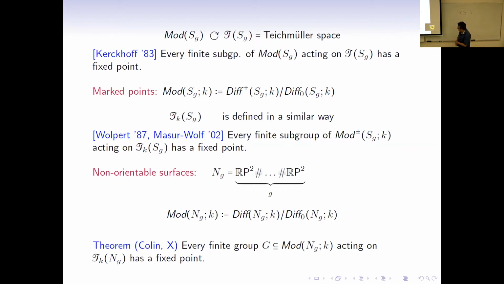Although it might be well known among the experts, we couldn't find a written proof of this fact. So I asked Nestor to prove this. And what he showed is that every finite subgroup of the non-orientable mapping class group acting on the corresponding Teichmüller space has a fixed point.